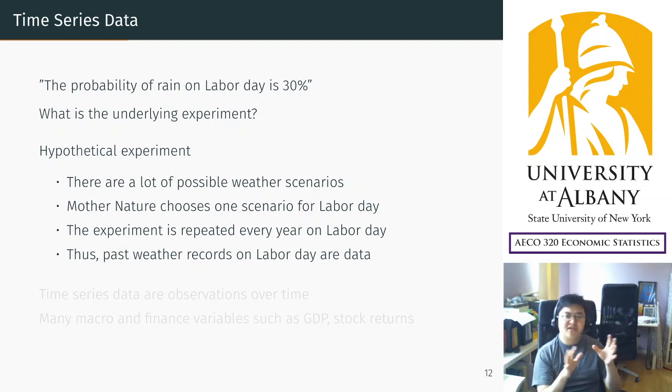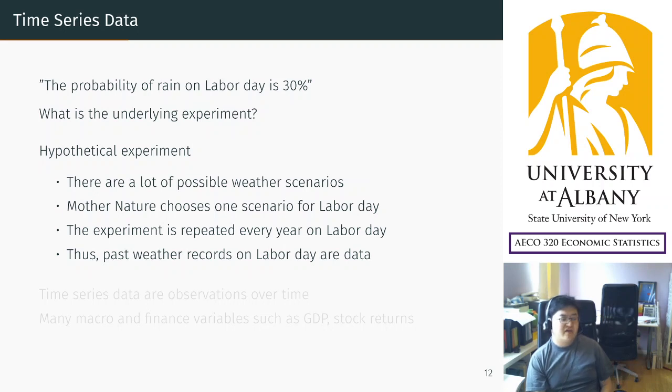So there are different scenarios, and then Mother Nature chooses one scenario for Labor Day. I don't know how it was chosen, but that's its hypothetical process. And we assume that the experiment is repeated every year on Labor Day. So if you look at the past 20 years of data, then you observe 20 observations on Labor Day.